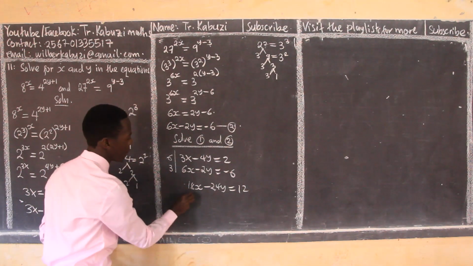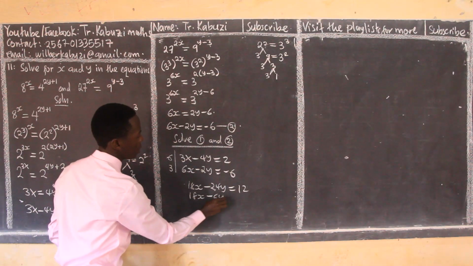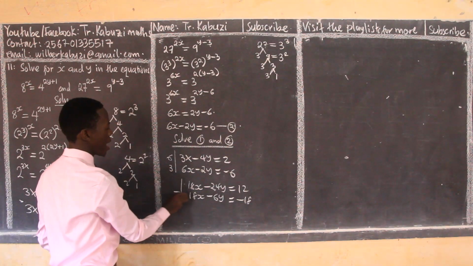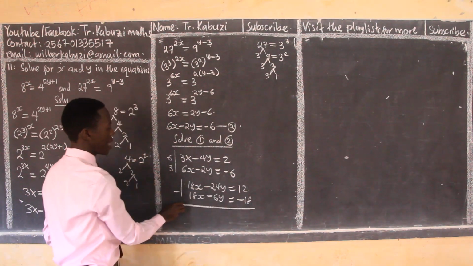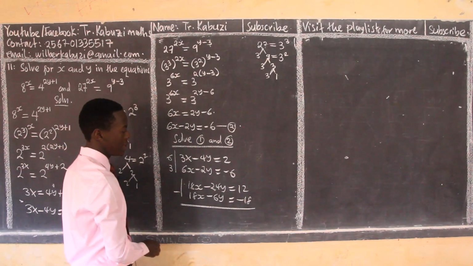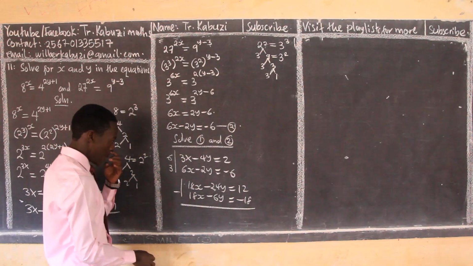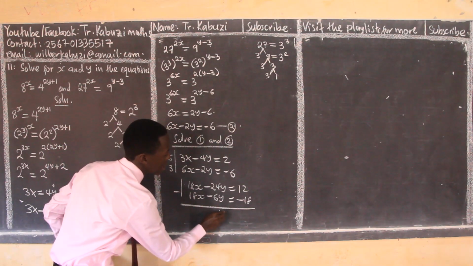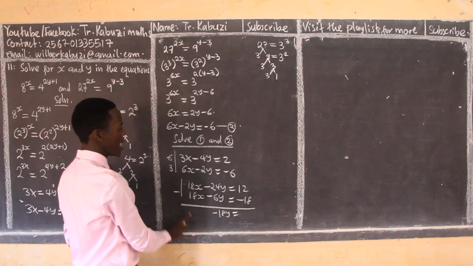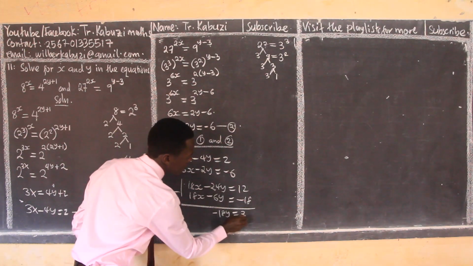Then this will be 18x minus 6y equals negative 18. Because I'm having the same signs, I subtract. 18 minus 18, I get 0. Negative 24 minus 6, that will give me minus 18y, equals 12 minus negative 18, that will give me 30.